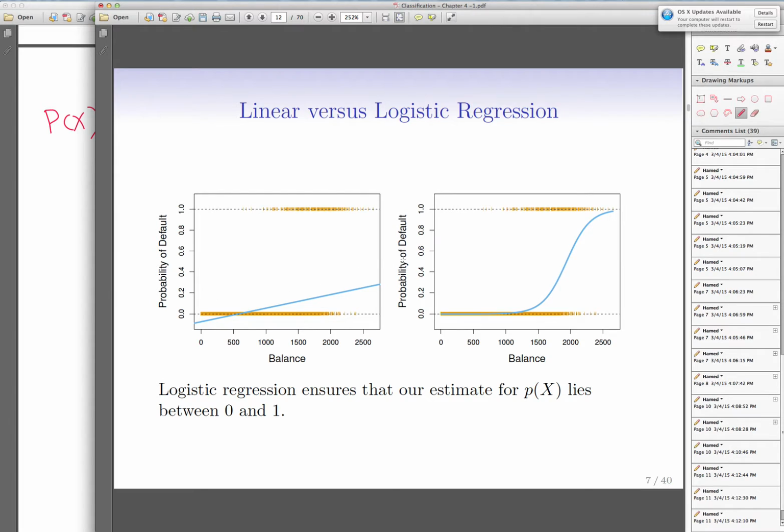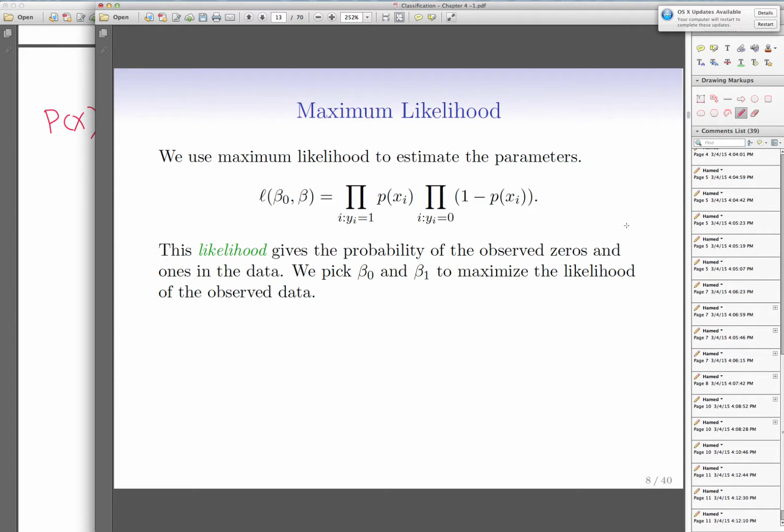A great thing about this logistic function is that it always stays between 0 and 1. It never ever touches 0 and never touches 1. It's always between the two. Unfortunately, there is no closed form solution for finding beta 0 and beta 1 based on our predictors. But fortunately, you can use maximum likelihood and numerically solve it.